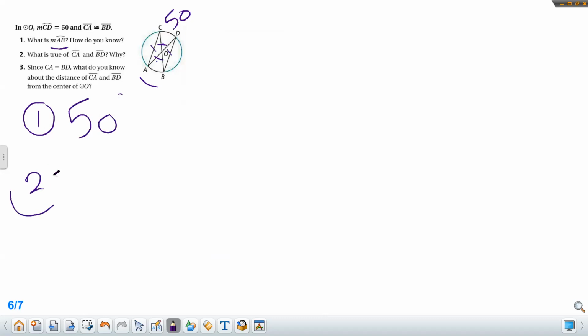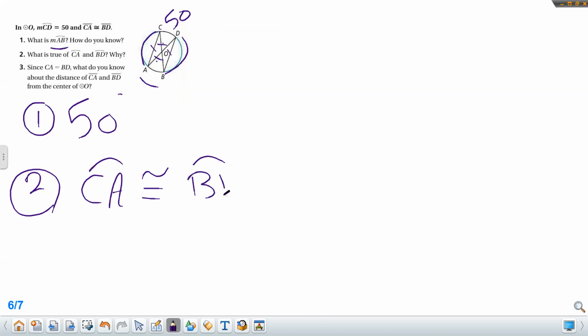Number 2. What's true of arc CA and arc BD? What's the relation between them? They are congruent. So we can say arc CA is congruent to arc BD. Number 3.